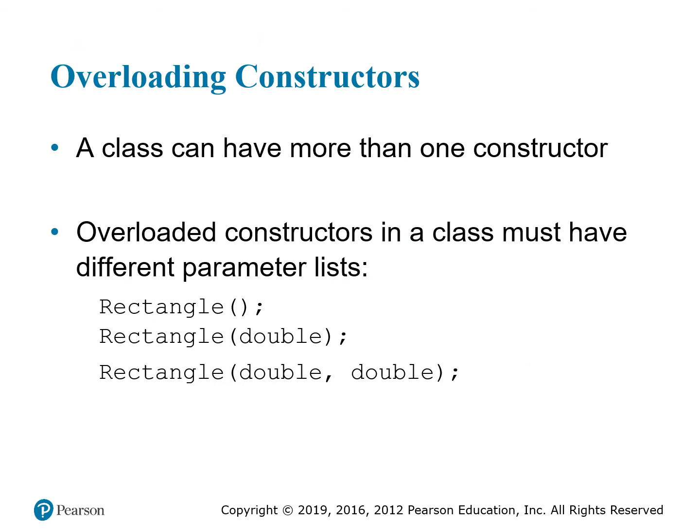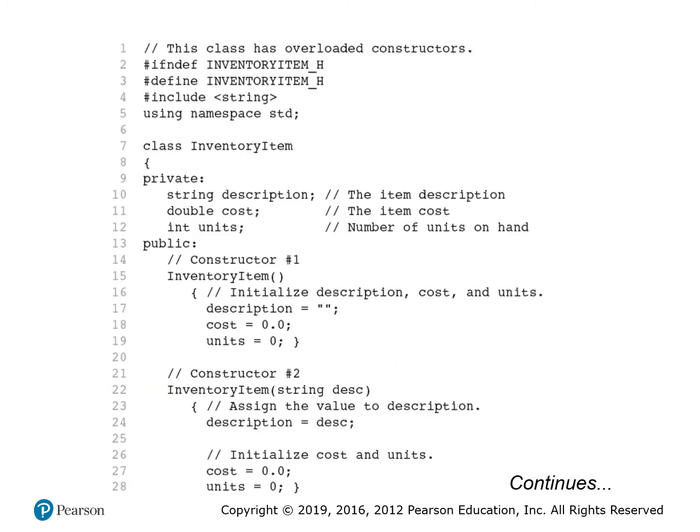I mentioned this already. You can overload constructors. So you can have rectangle with a single parameter, rectangle with 2 double parameters. Maybe the rectangle with a single parameter sets up a square that has the same length and width. This inventory item here, you pass a string description in, and that sets description equal to desk.